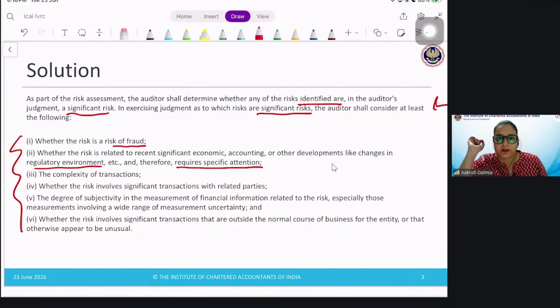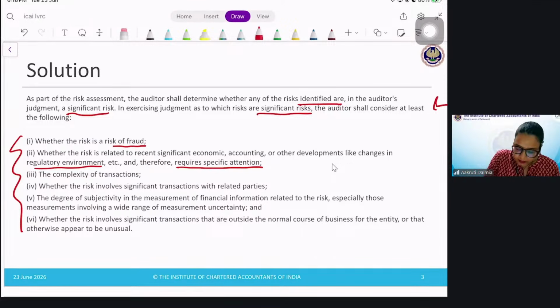When the Companies Act changed from Companies Act 1956 to Companies Act 2013, that time also it would have been a significant risk area. Why? Because all the compliance transactions are changing, all the penalties are changing, forms are changing. So that is called a change in the economic, accounting or other regulatory environment.